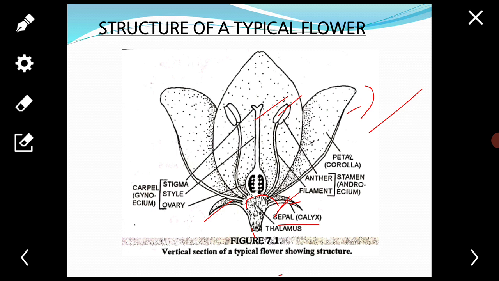Green calyx performs the function of photosynthesis.